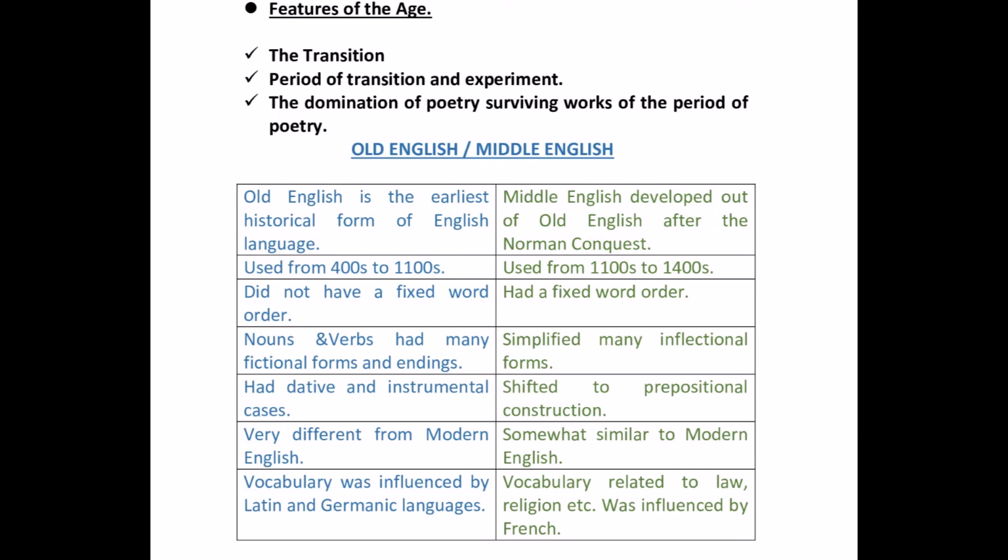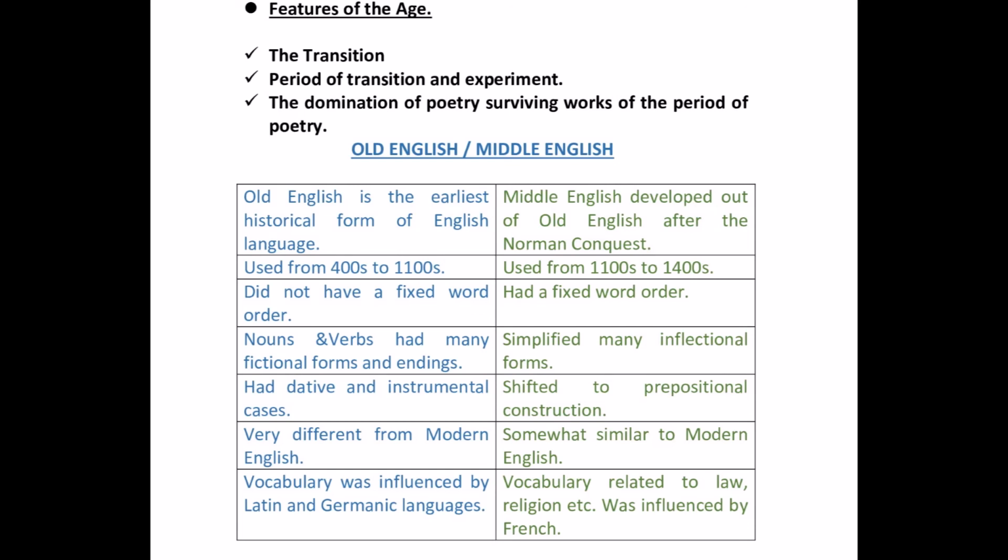Old English did not have a fixed word order. Also in Old English, nouns and verbs had many inflectional forms and endings, while Middle English had a fixed word order and also simplified many inflectional forms.